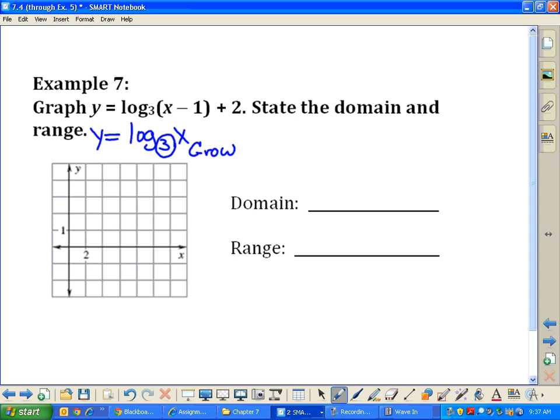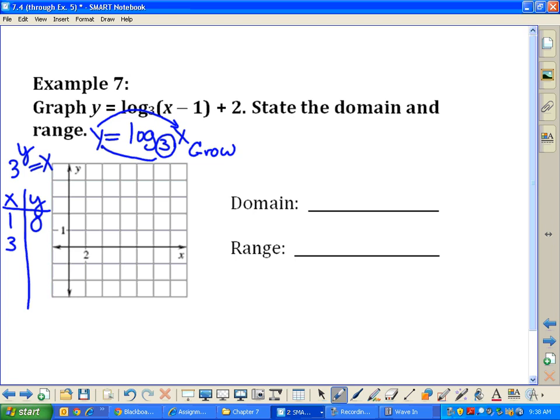And then I usually think about this using my log cycle. The function I'm thinking about to make my T-chart is 3 raised to the power of y gives us x. And again, I always think about that 0 exponent rule where I could just get 1 back out. So that point (1, 0) is always going to be a part of that graph. Then I think, what are some easy outputs for x?